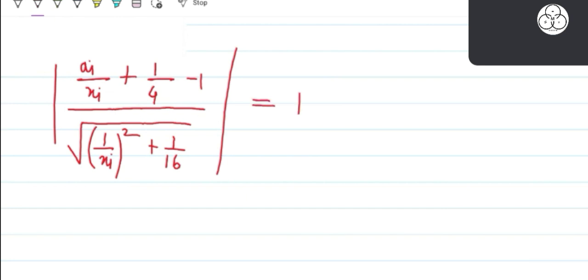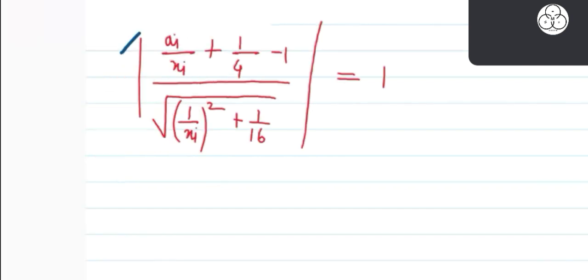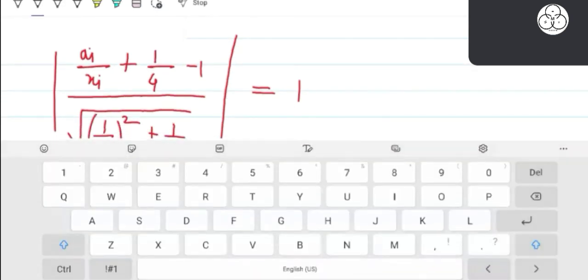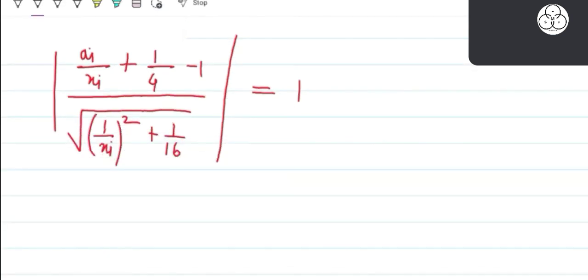Now the important question comes: how will we determine the sign of this modulus? For this we are going to use a very interesting concept, and that's the key point of this entire question.